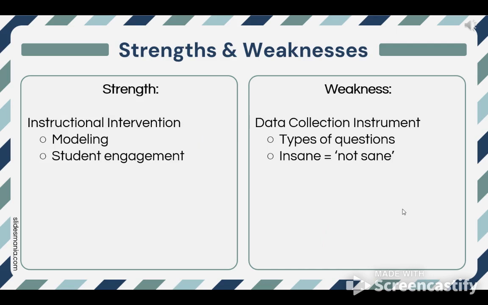One strength of this action research project was the instructional intervention product. I believe that students, being in a small group setting, were really engaged in the activities that we were doing, and I was able to model using the sentence strips as well as looking at the morphology passages that we were using.